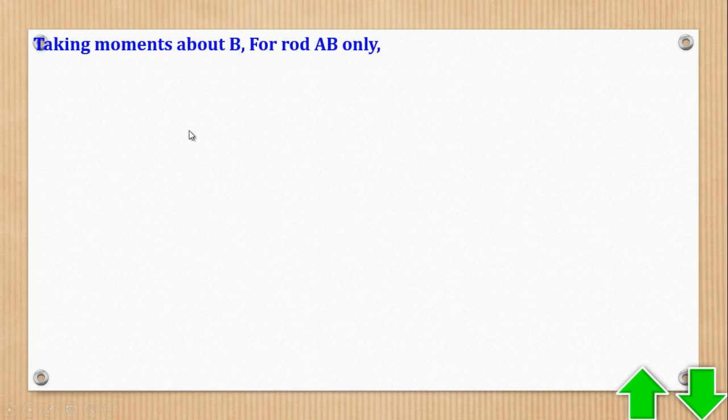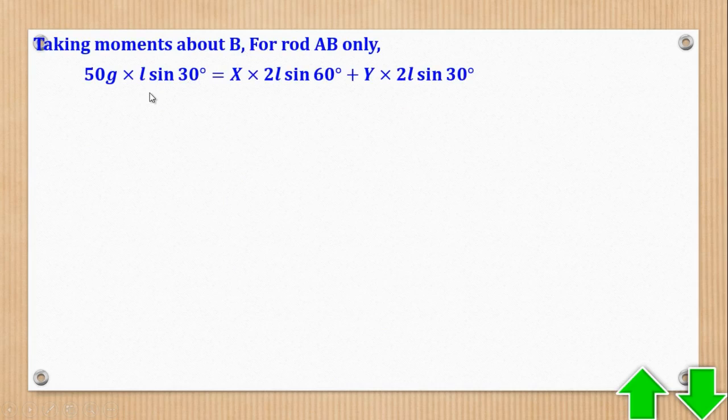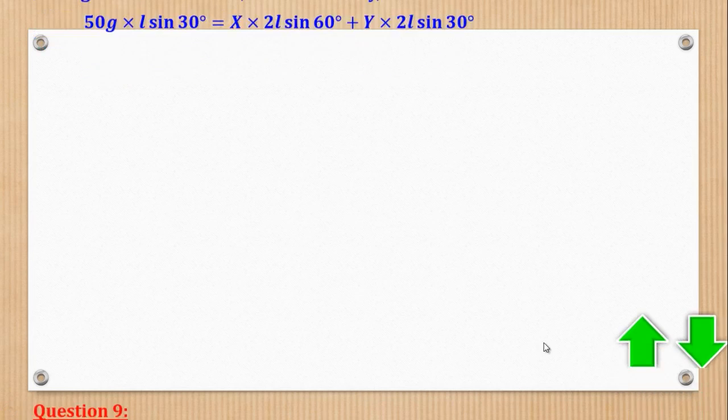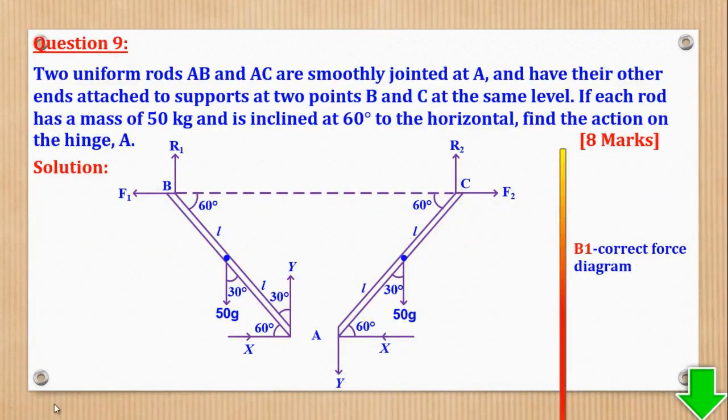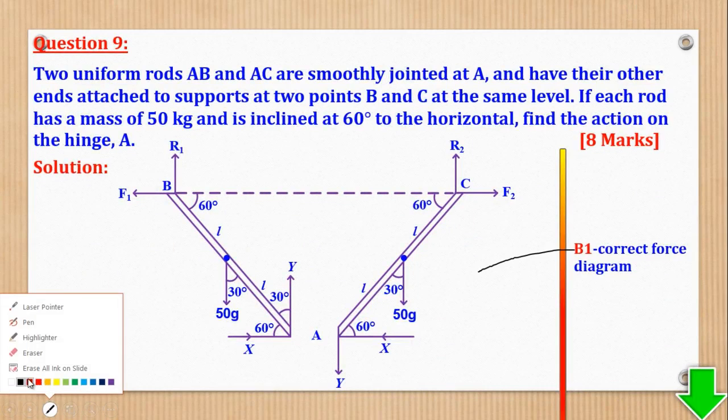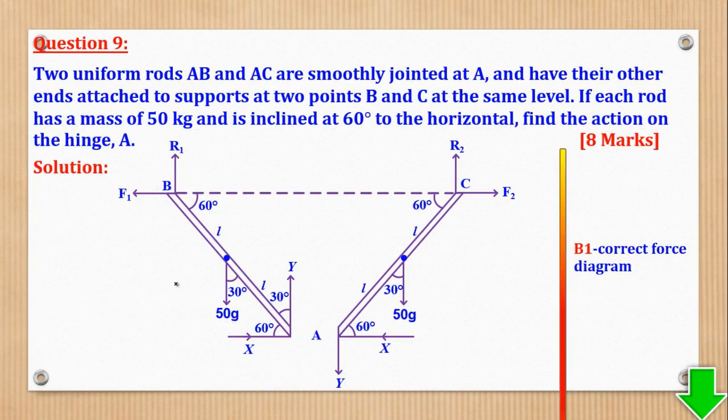So taking moments about B for rod AB only, we shall come up with that. So let's see how this comes about for rod AB only. Taking moments about B, this is a pivot, meaning these four forces cancel.